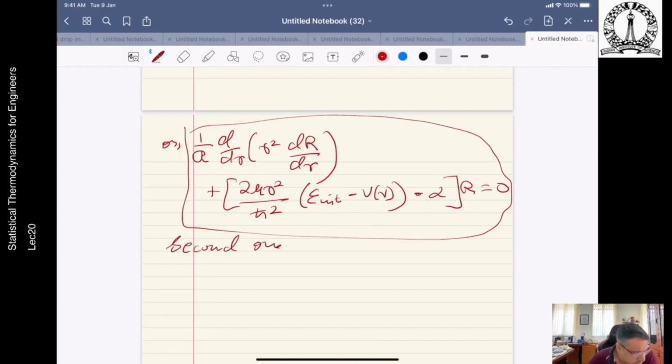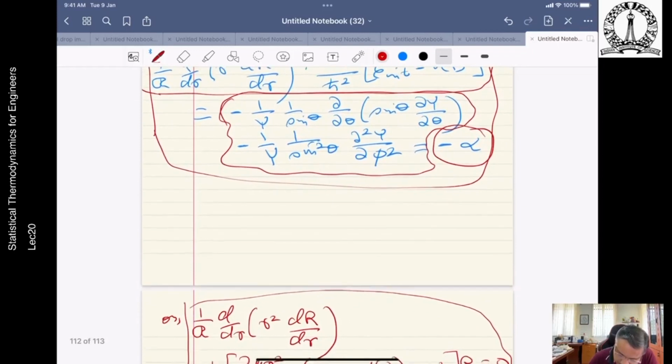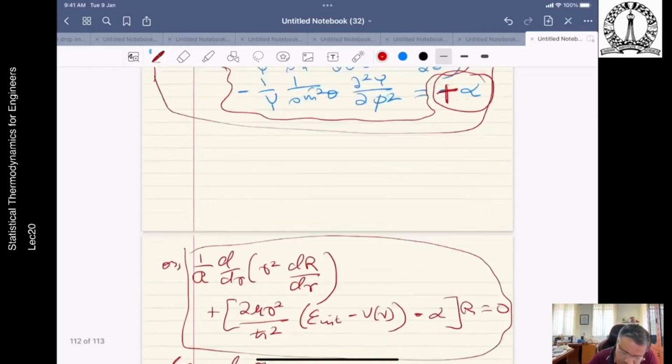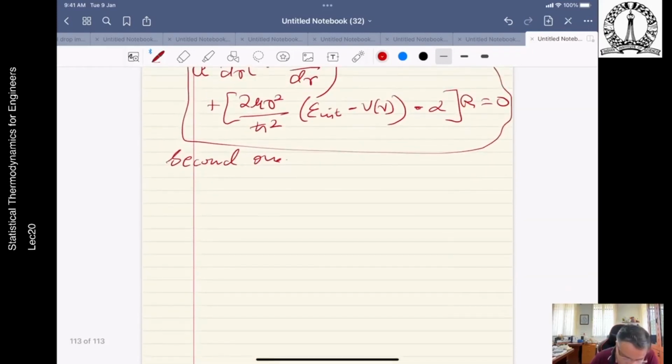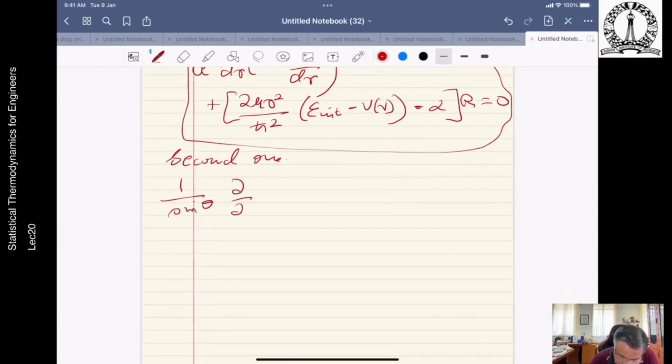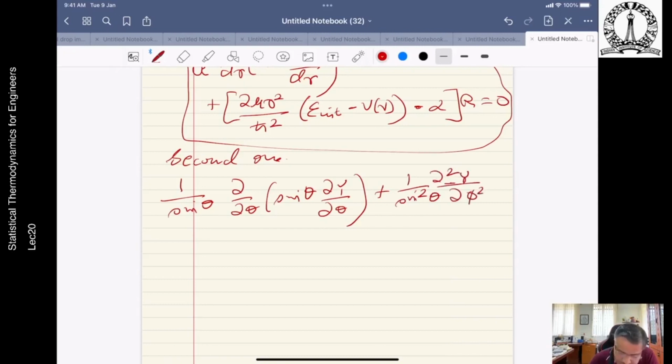okay, so let's write it as plus alpha. Come to that why it is. Second one is 1 over sine theta d by d theta of sine theta dY by d theta, plus 1 over sine squared theta d squared Y over d phi squared, plus alpha Y is equal to 0.